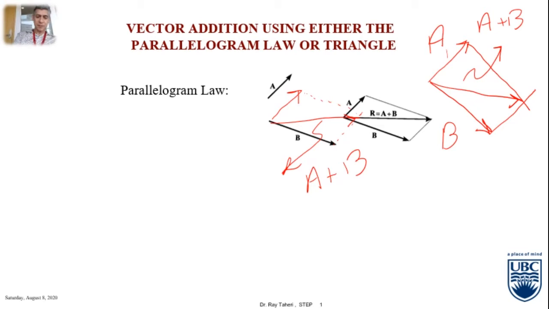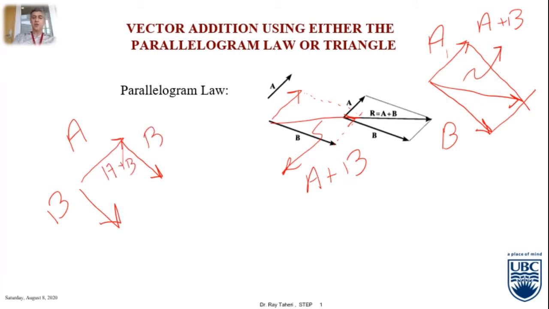So if you have, for example, vector A, and you have vector B here, from the end of A, you make a vector same as B, and then the beginning of A to the end of B is A plus B.